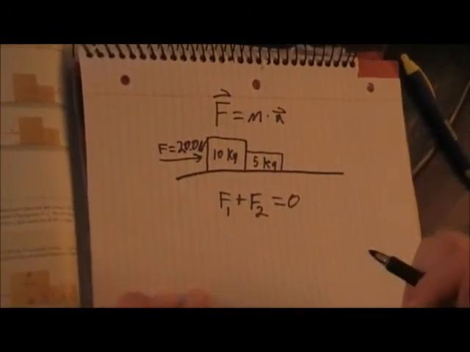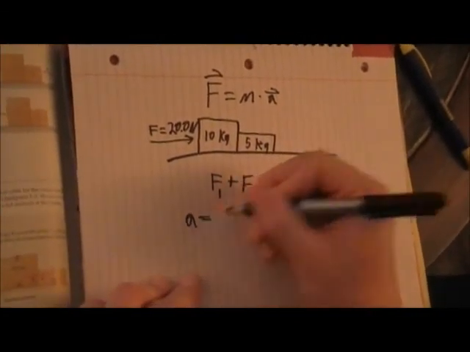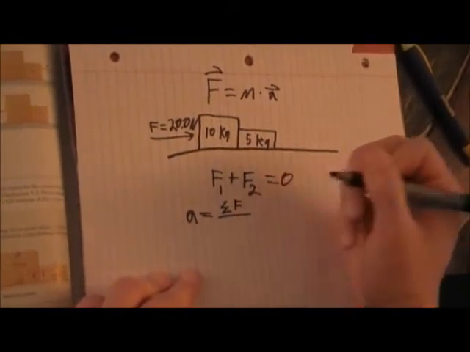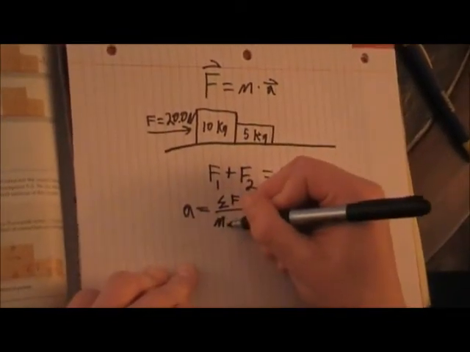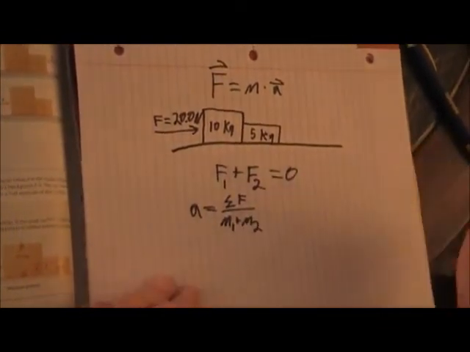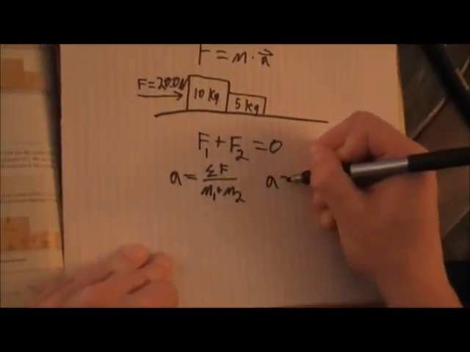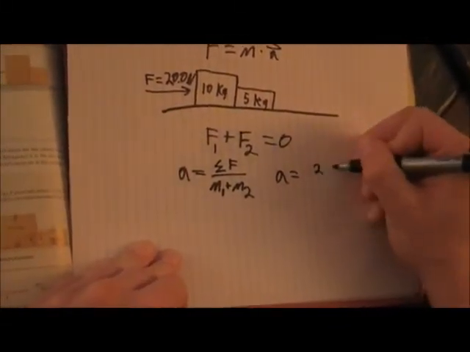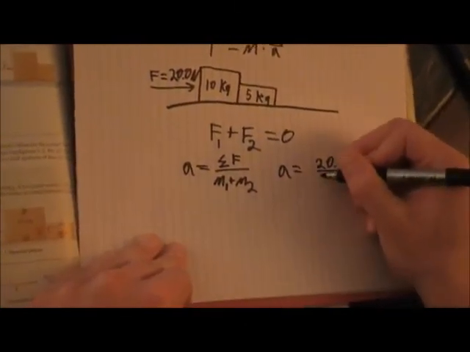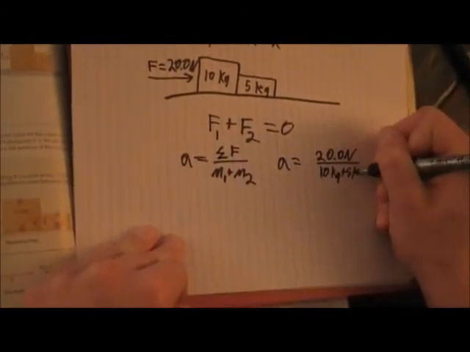So in order to find acceleration from this equation, we have to do A equals the sum of the forces over the sum of the masses, mass 1 plus mass 2. Now that's going to give us A equals 20 newtons over 10 kilograms plus 5 kilograms.